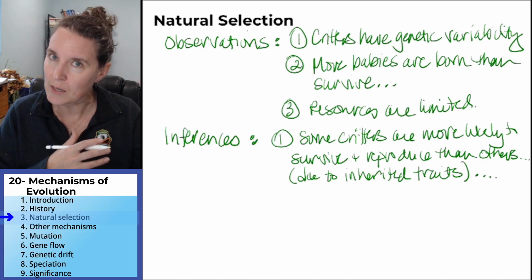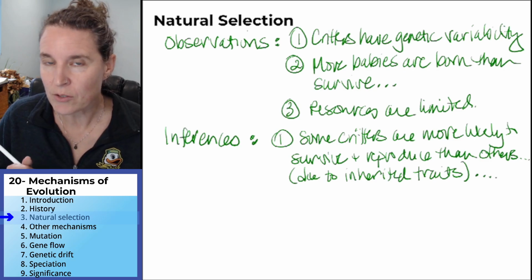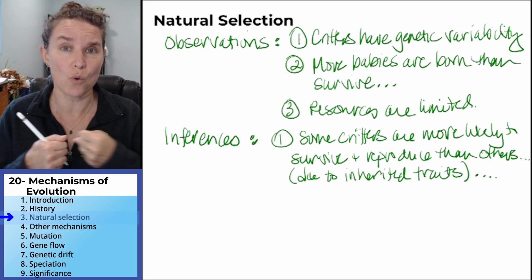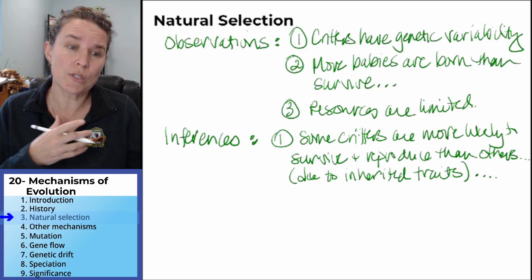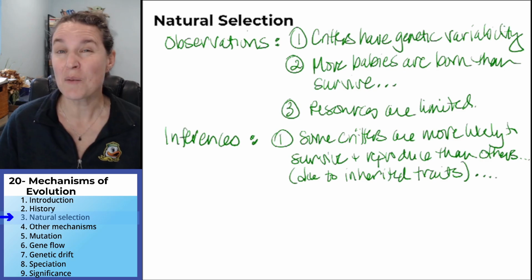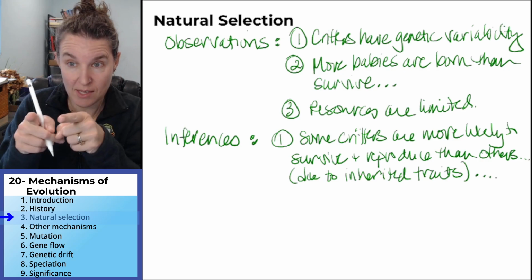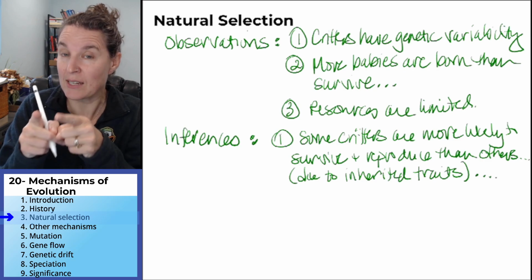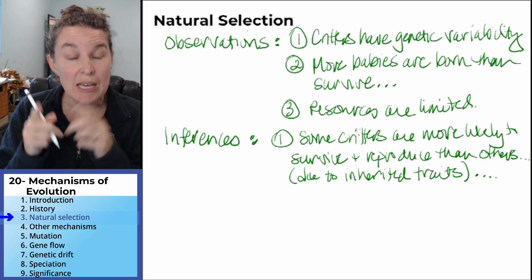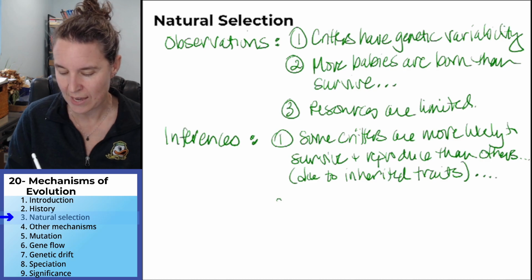Now, not all of survival is survival of the strongest or the most genetically apt. Some of the survival is luck. But this isn't saying some critters are luckier than others. This is saying some critters survive because of the inherited traits that they have.